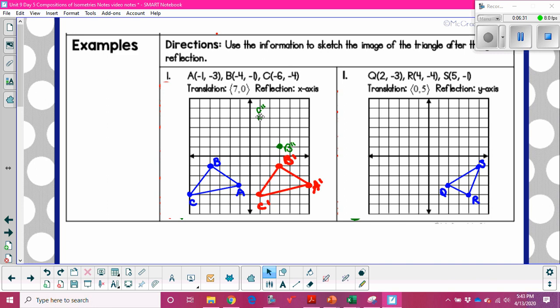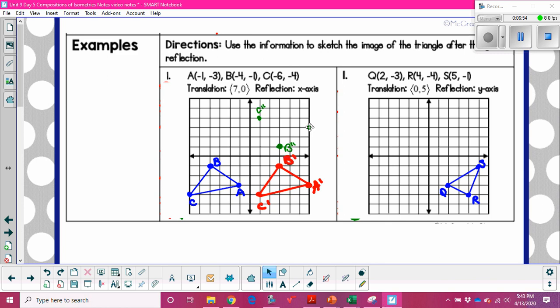All right, then A is 3 units away. So it'll be 3 units away up here. So A double prime is going to be at 6, 3. Okay, and just connect your dots. Whoops. What is it doing?